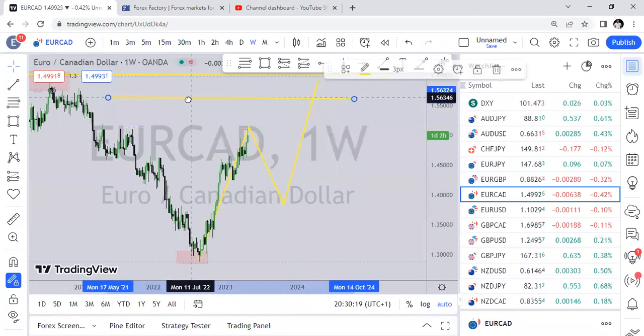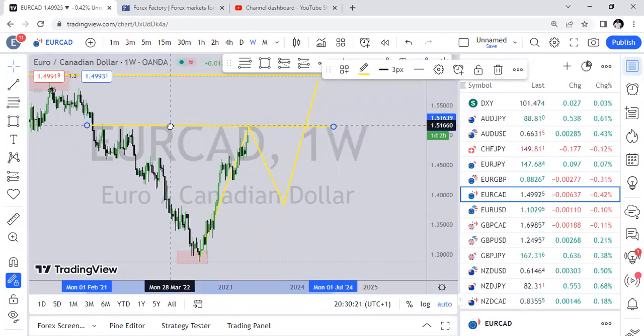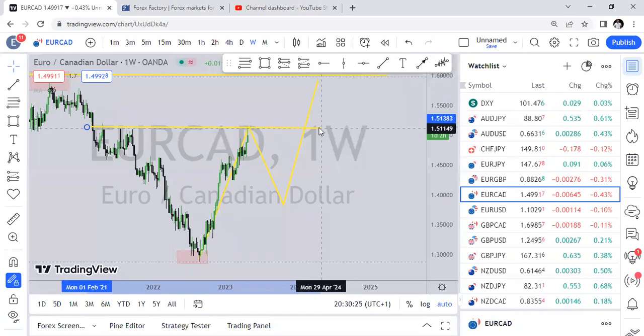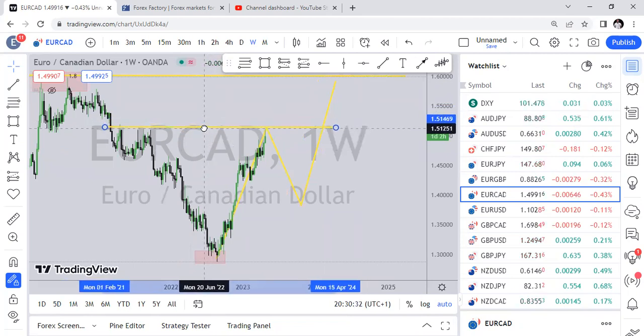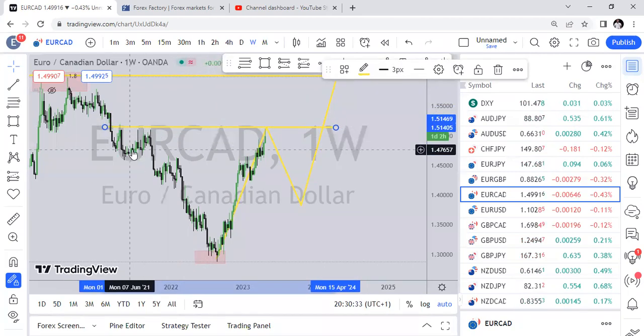But I noted this high here because when the market is moving, the market is always interested in high points like this. The reason being that there is liquidity lying above those old highs and old lows. So there is money there.